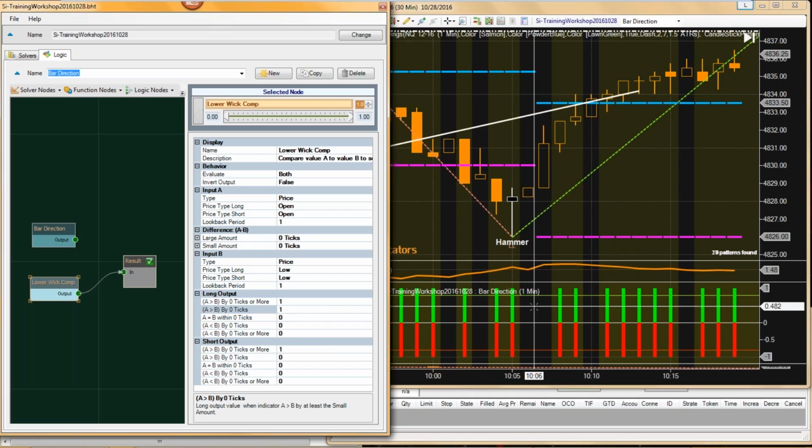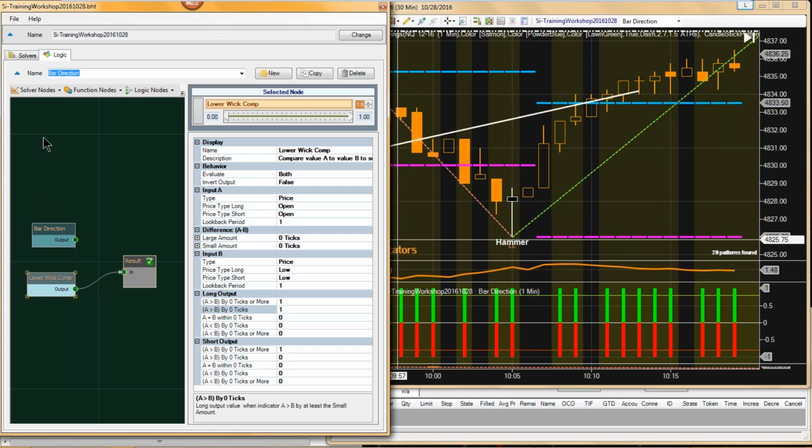Actually, no, sorry, that's not a low wick. That also could be just a down bar. So that's going to detect a down bar and a low wick. We'll set this aside for now and see if it might need some adjustments later on.